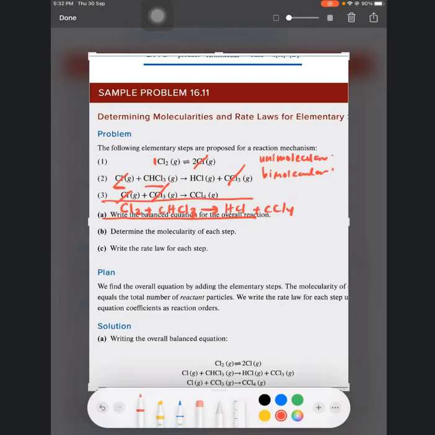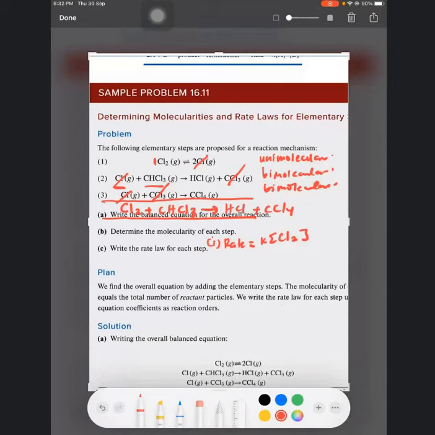Memang part ni dia tak complicated. Very straightforward saja. So nombor 3. Bimolecular. Okay. And then write the rate law for each step. So bagi tahu kat Madam, what is the rate law for step 1? KCl2. Cl2 kena ada juga. Okay, betul.